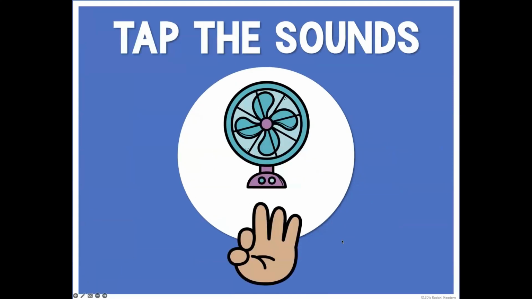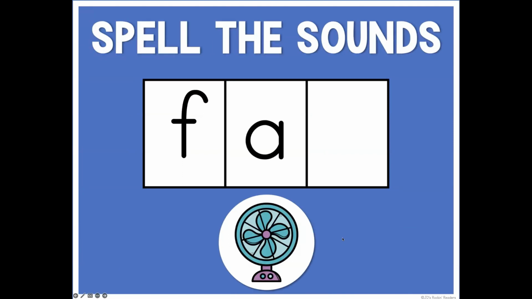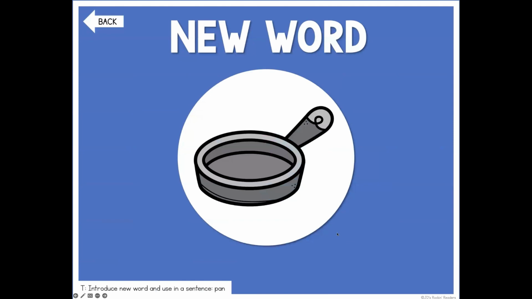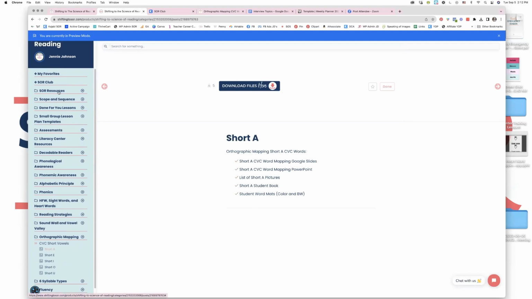And you would go through, students are going to tap the sounds, and then they're going to push the sounds with their markers, and then they will spell the word, and then you would do a new one. There are word maps for students to be able to use while you're doing this activity, and paper booklets as well.